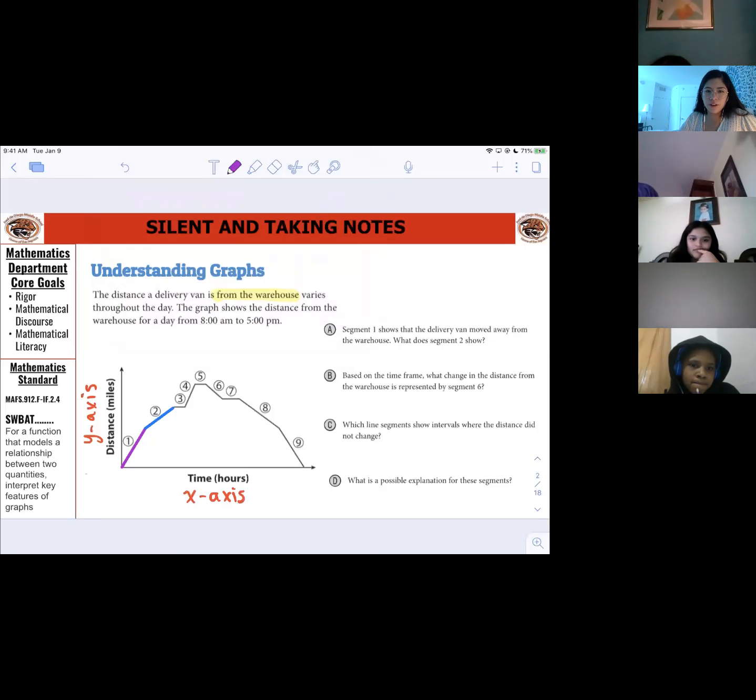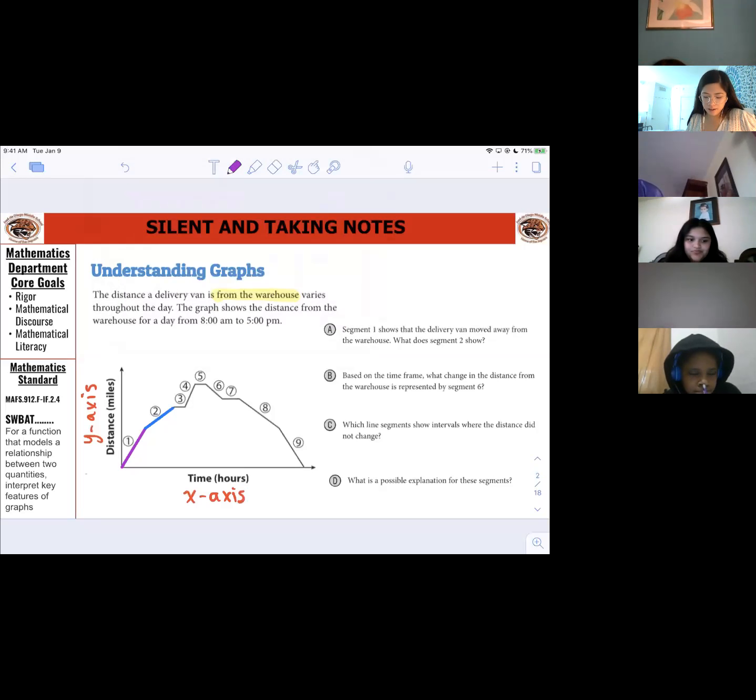Which one goes further? Segment 1. Segment 1 goes a little bit farther than segment 2. So let's pretend this is a mountain. Which of those two segments is going to be easier to walk up? The purple one or the blue? The blue one.